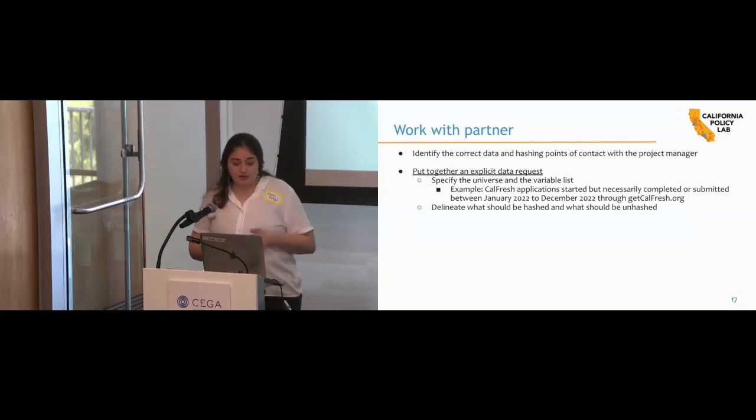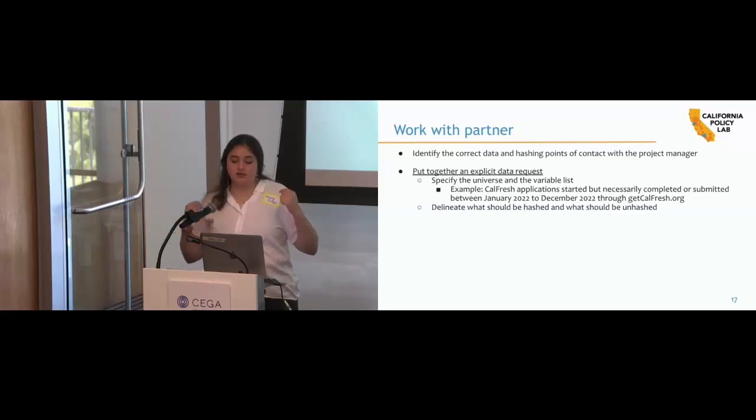The next thing that you want to do is put together an explicit data request. And this point is underlined because I cannot express how important it is. The last thing that you want to do is to hash a bunch of information and it not be the data that you actually need. So an example of the universe that we might want to get is all the CalFresh applications that were started, but not necessarily completed or submitted between January 22nd to December 22nd via the getCalFresh.org portal.